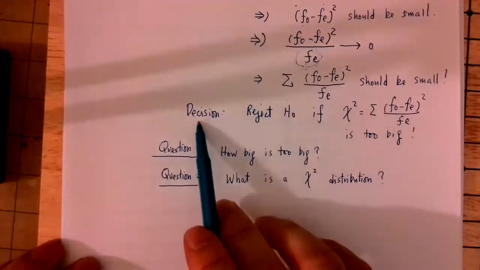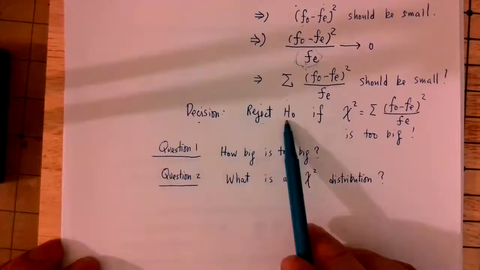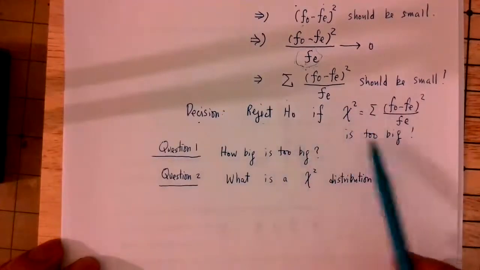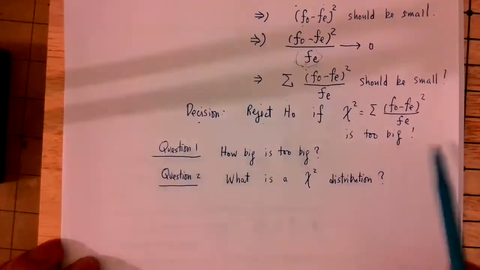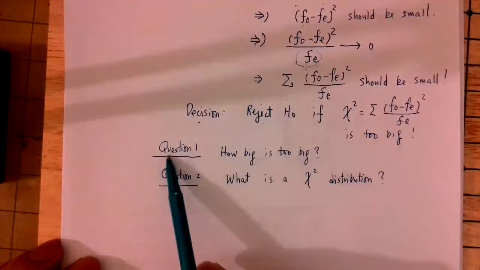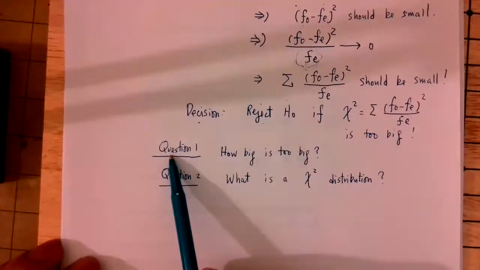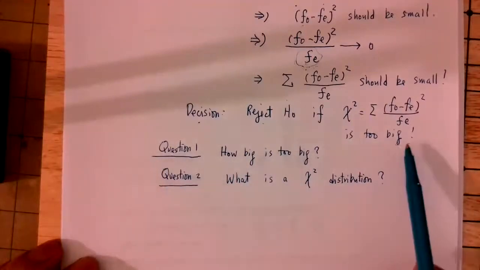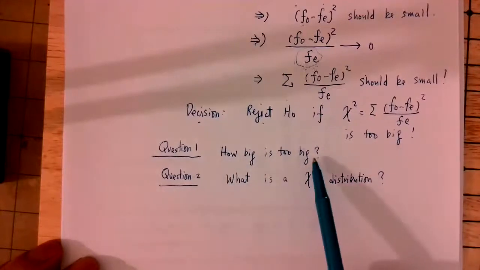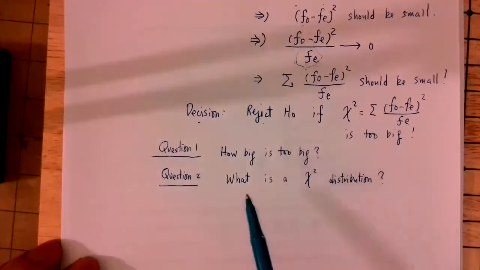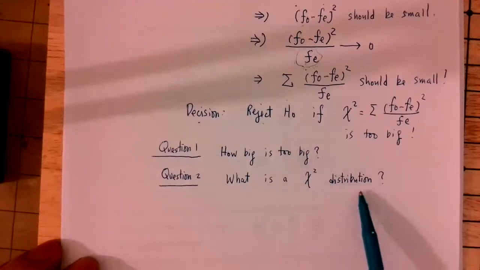Okay, look at the decision here. We say we're going to reject H0 if chi-square is too big. Now, from this, two questions are raised. Question 1, how big do you call too big? To answer clearly how big is too big, we need to know the chi-square distribution first.